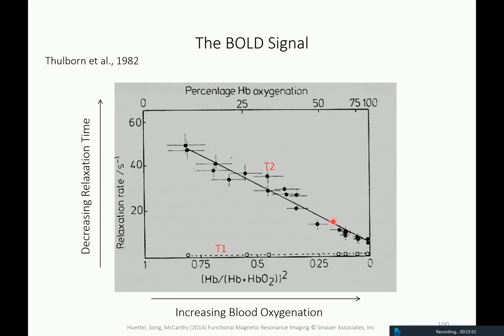Now, what this shows are the early results by Thulborn that relate blood oxygenation to relaxation time in MR. So let's see that I get this right. This shows measurements of T2 time constants, and this shows measurements of T1 time constants, and this shows on the x-axis an increase in blood oxygenation.